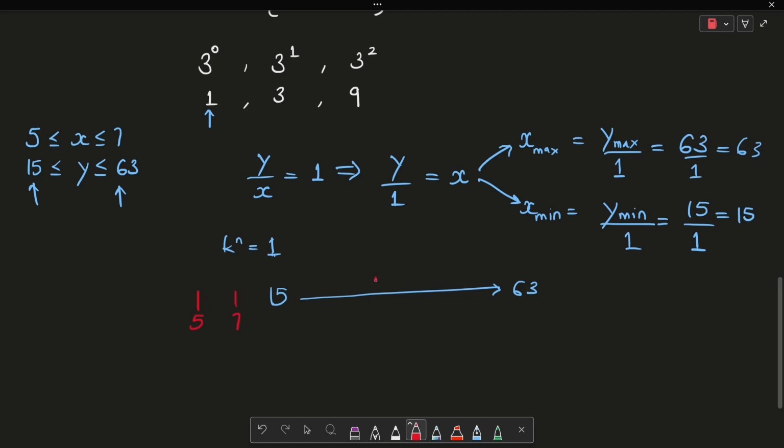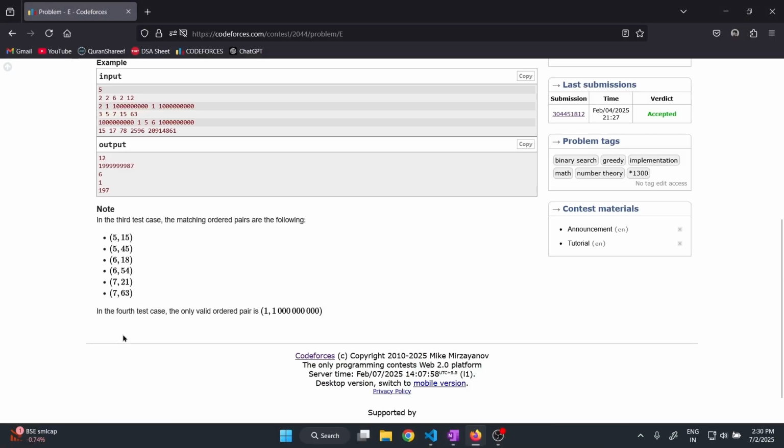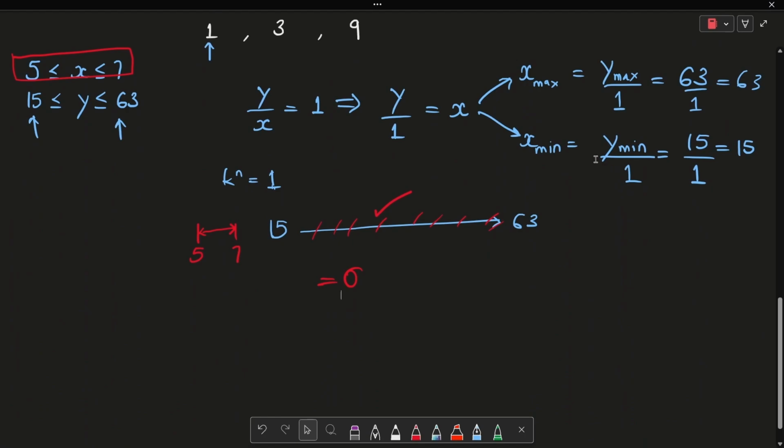My possible values are this, but my x is actually here. So I cannot take any of these values, because x is bounded within this interval, right? So here my answer will be simply 0. Okay, so let me just see if I'm going right or not. 63 and 5. Okay, fine, I think I'm going right. Okay, so we cannot take any values for x.